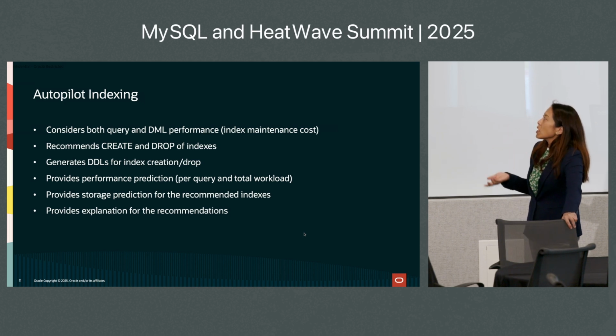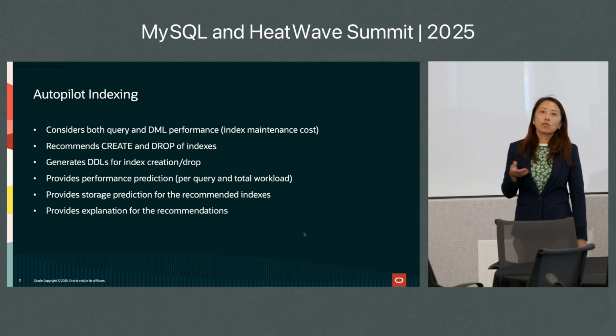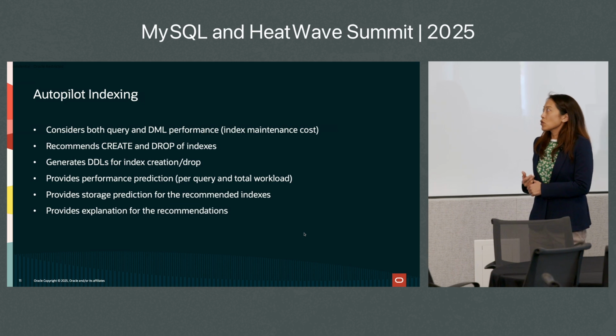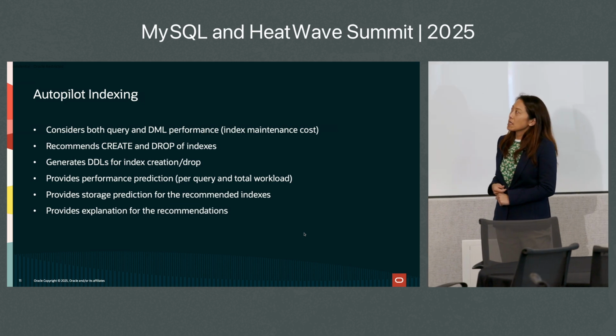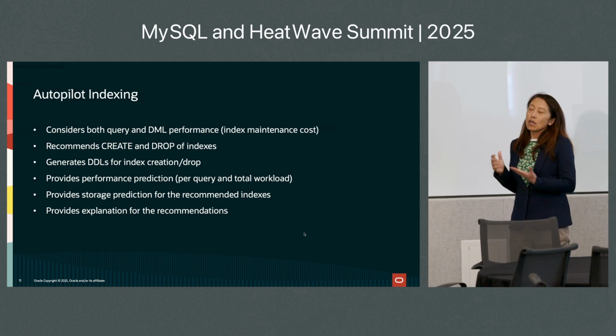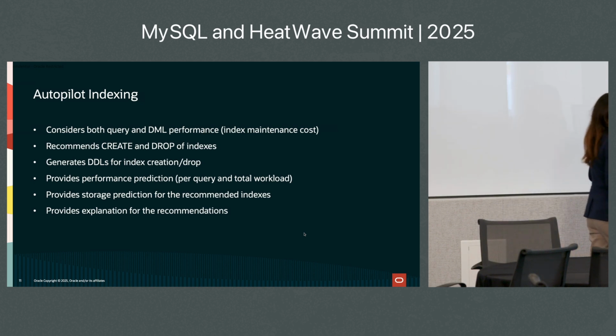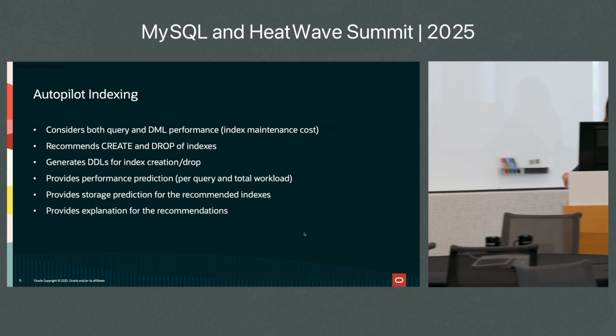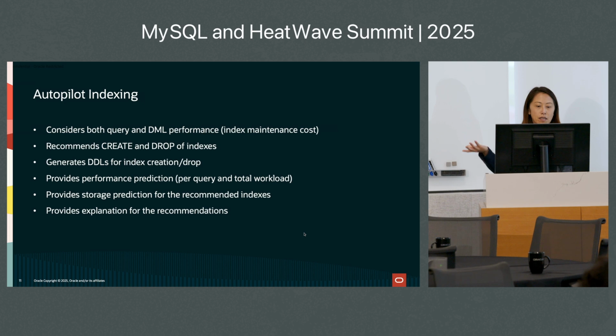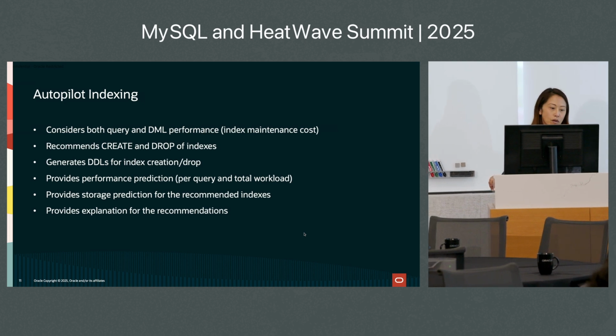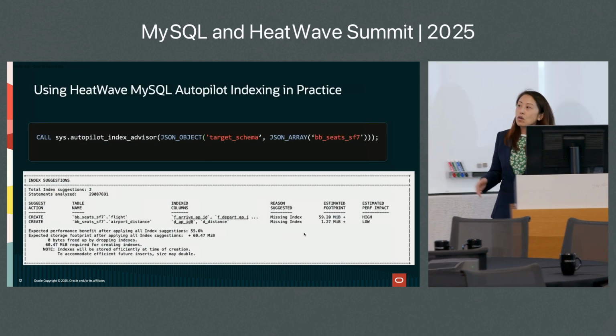If your workload changes and some of the indexes are not required, we will suggest dropping them so that you can save the storage, and the secondary indexes may also impact some of the DDL operations. So this is very useful for customers who want to keep their OLTP workload performance consistent or keep improving it.